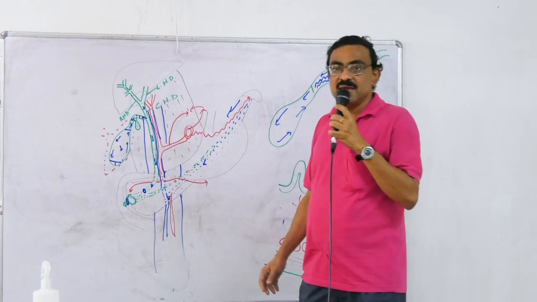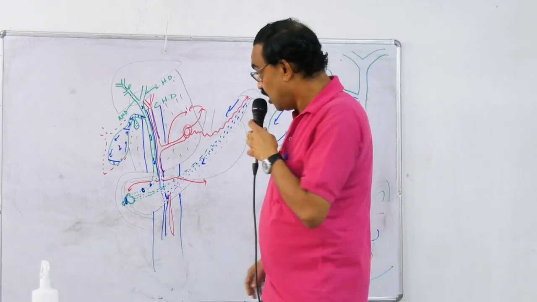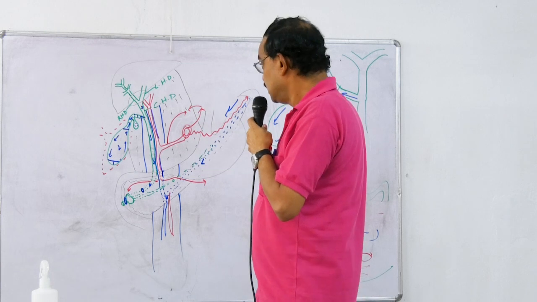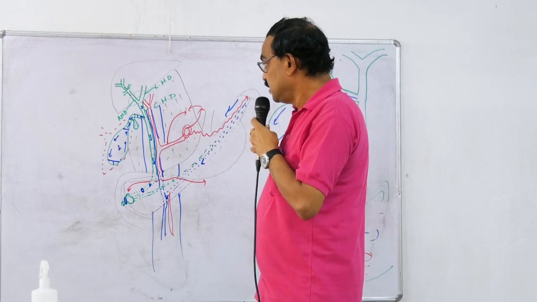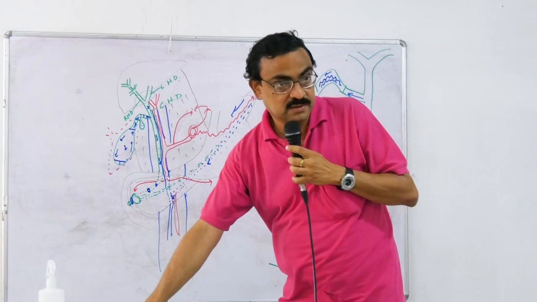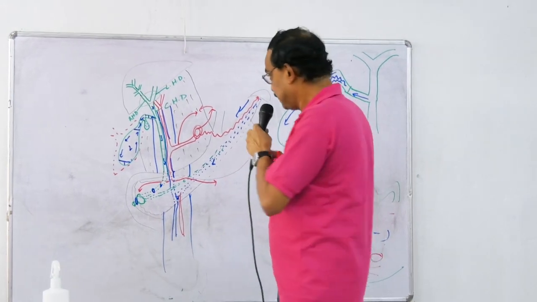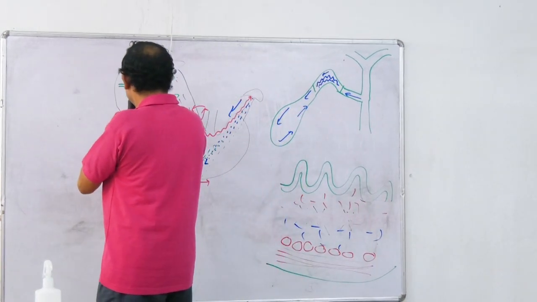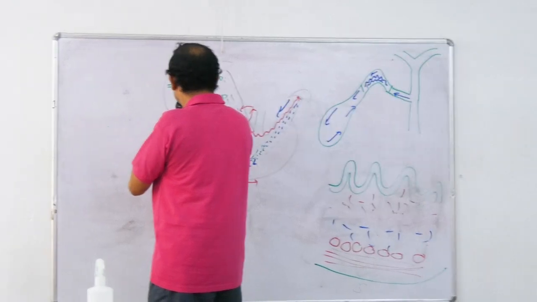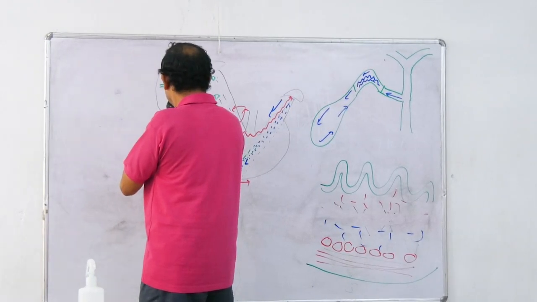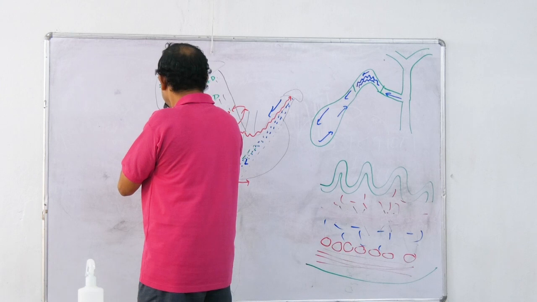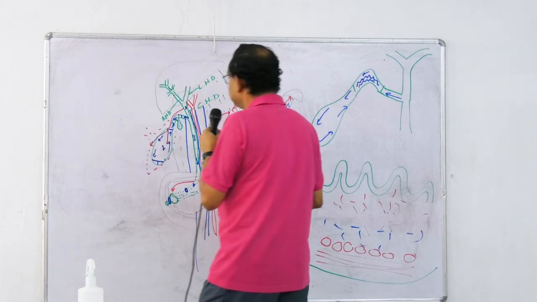What is the blood supply of the gallbladder? One artery will come out, and ultimately it will divide into 2 branches.